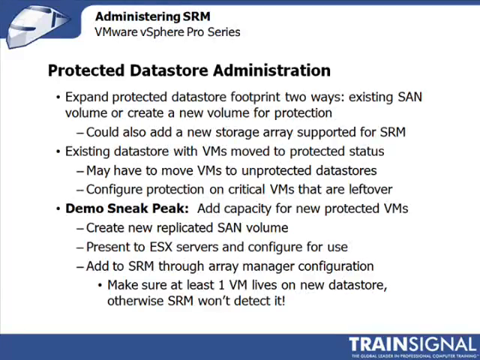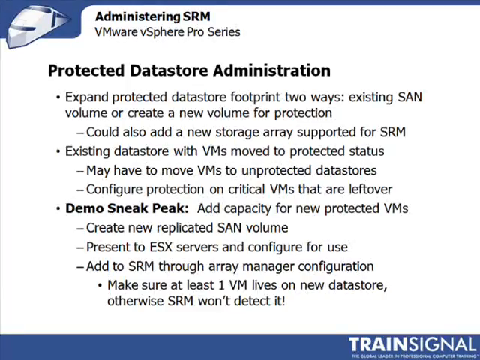In the following demo, I'll show you how you can add capacity for the new protected virtual machines. To do this, we'll create some new replicated SAN volumes on the storage that we have set up in our lab, and we'll configure replication on those volumes so that SRM would recognize them as something that can be protected.